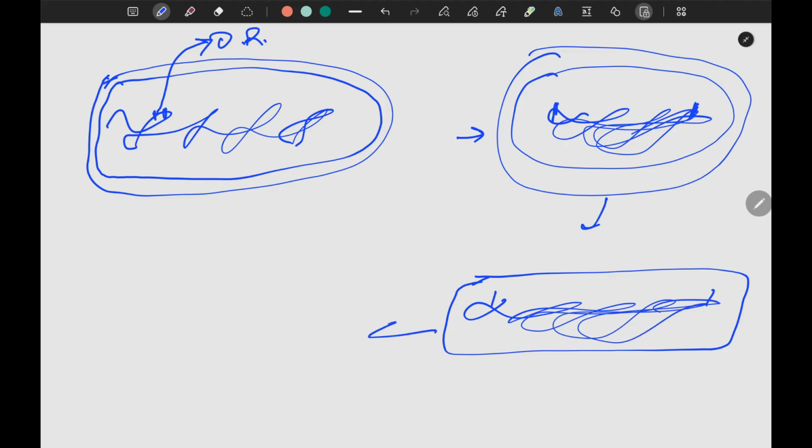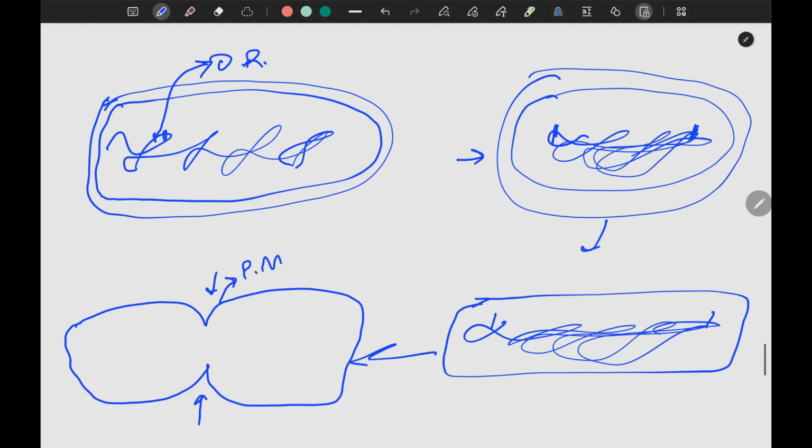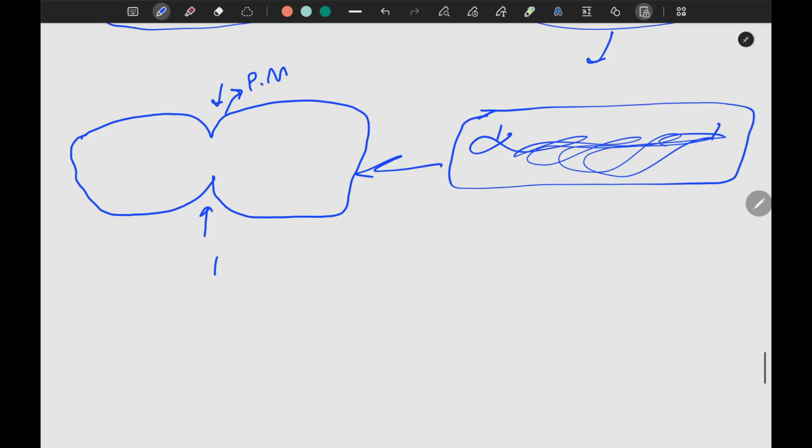Then what happens next is it forms a groove-like structure, similar to animal cells. The plasma membrane gets pinched inward by the tubulin protein, FtsZ.